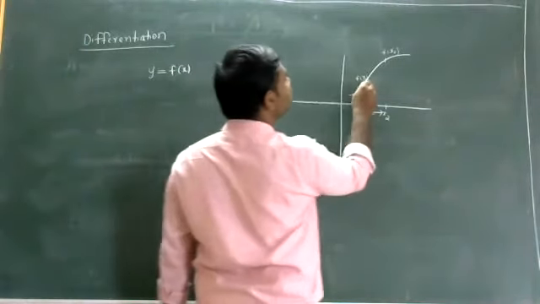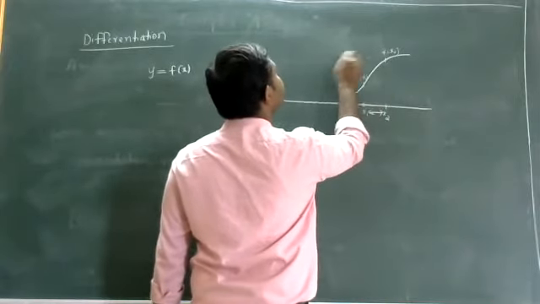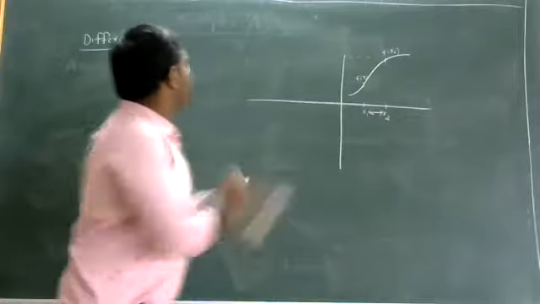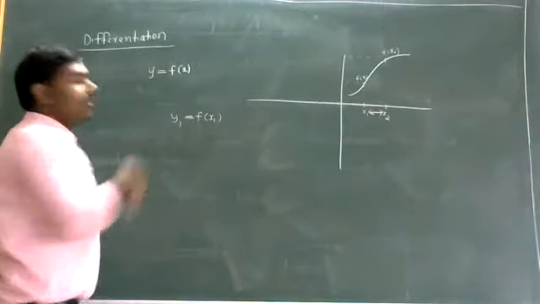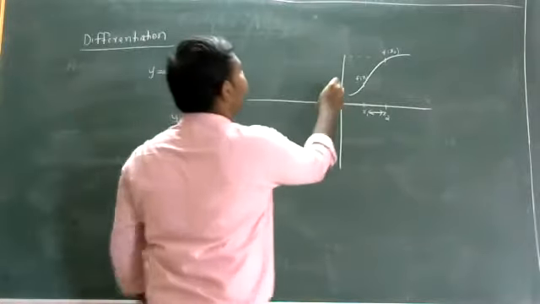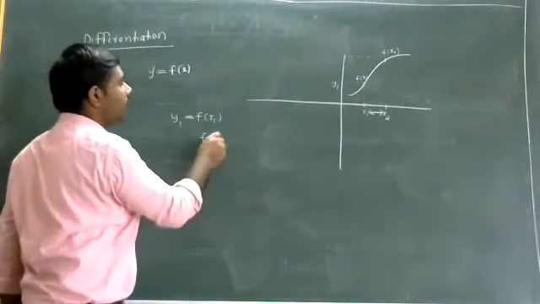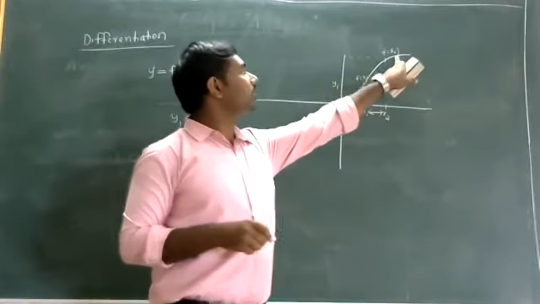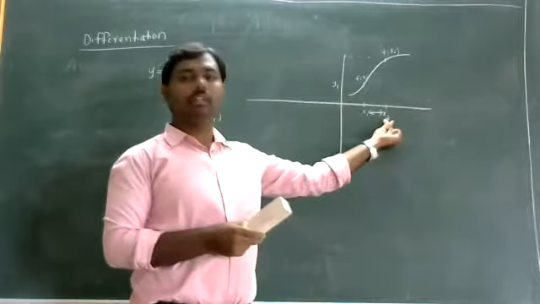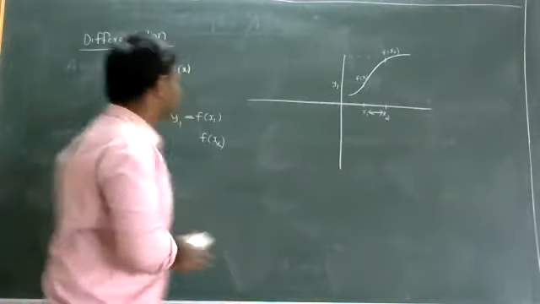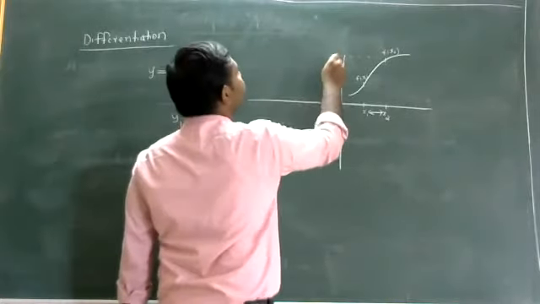Corresponding to this change, what is the change I have got in the function value? If I take f of x1 as the value y1, it is here, and f of x2 is the function value corresponding to the domain point x2. If I take it as y2, this is y2.